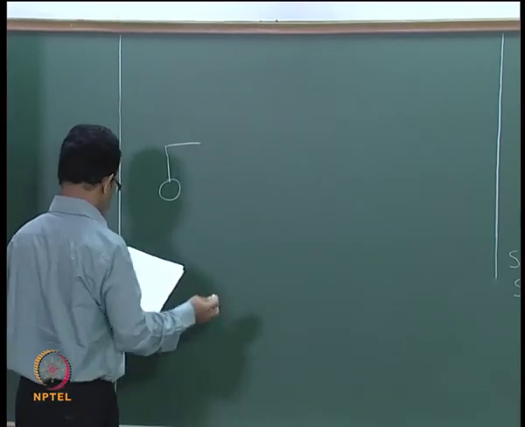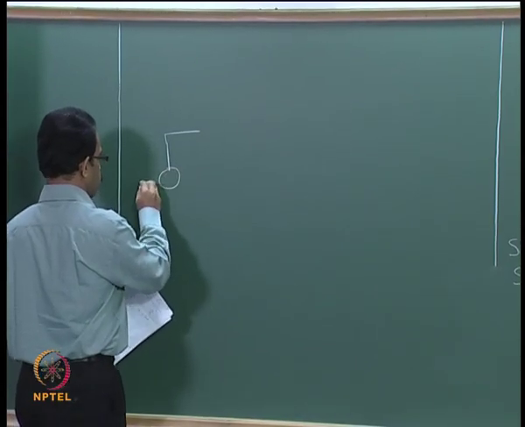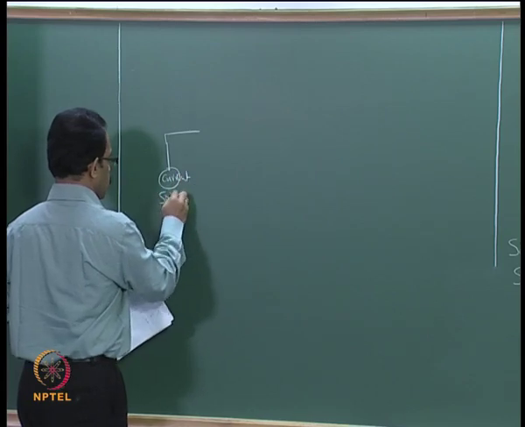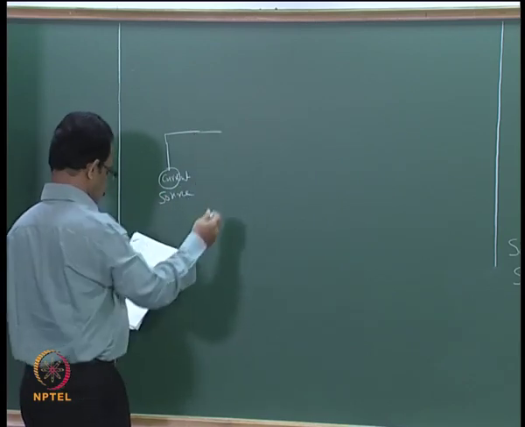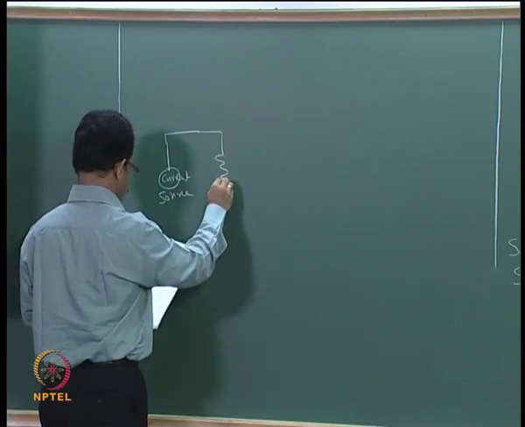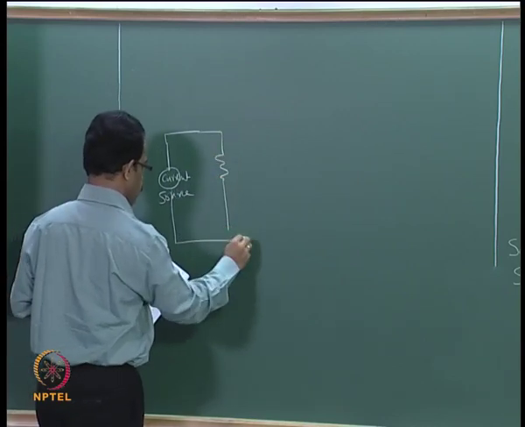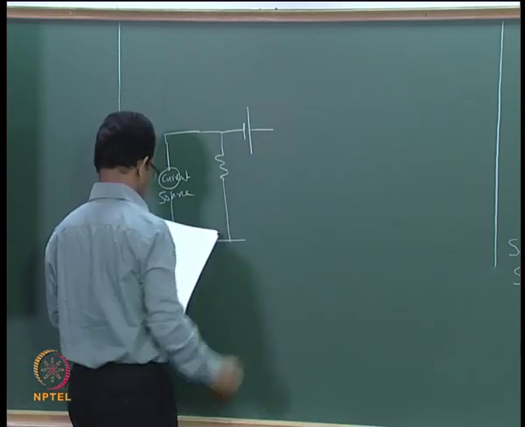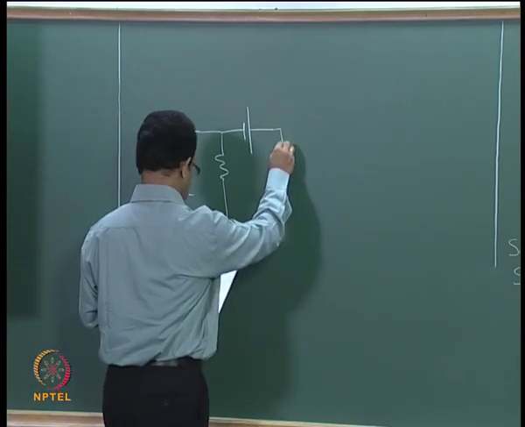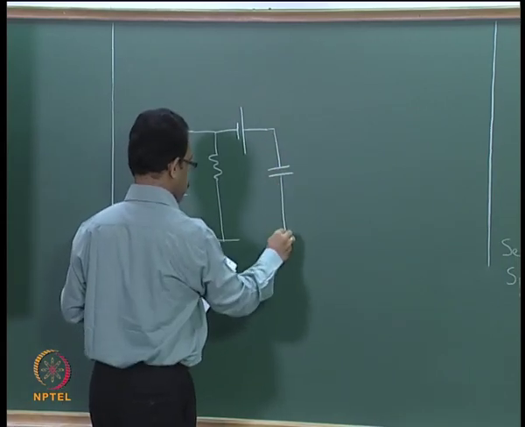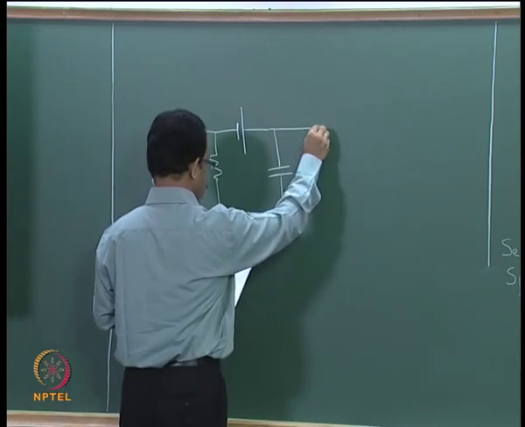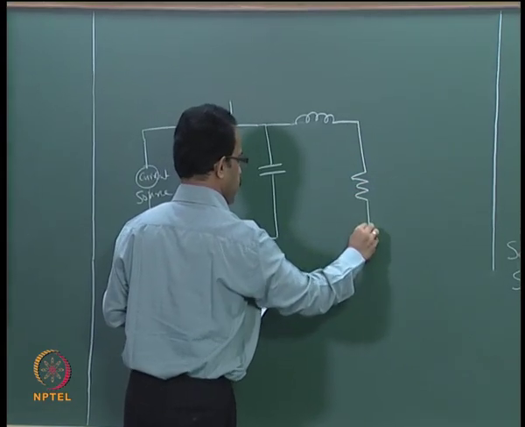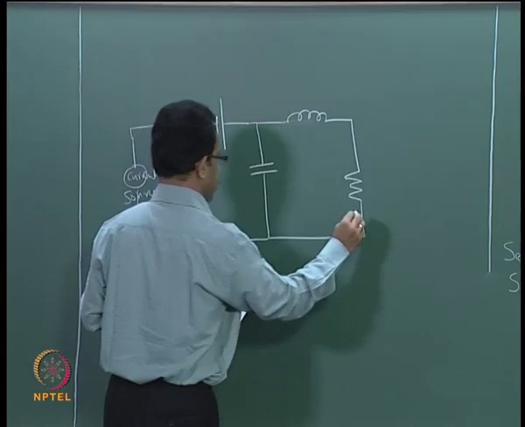So we have a current source, and then I connect various elements: a resistance here, a voltage source, then a capacitor, an inductor, and a resistor, like this.